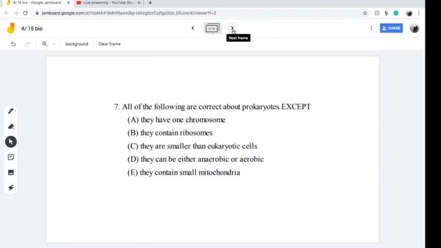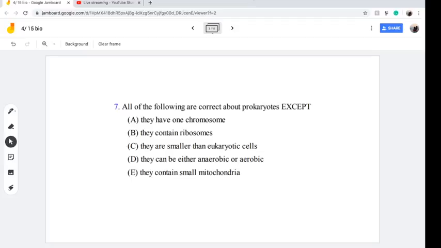The next question asks what is not true about the prokaryotes, and I'll give you guys 10 seconds to look over the choices. So remember that prokaryotes do not have internal organelles made of membranes such as nuclei, vacuoles, or mitochondria.